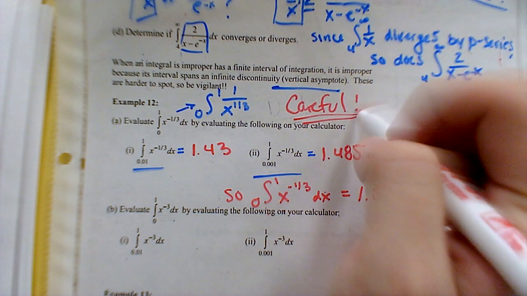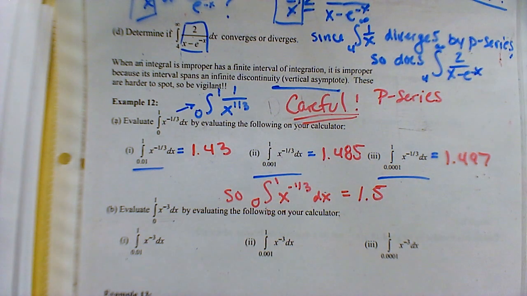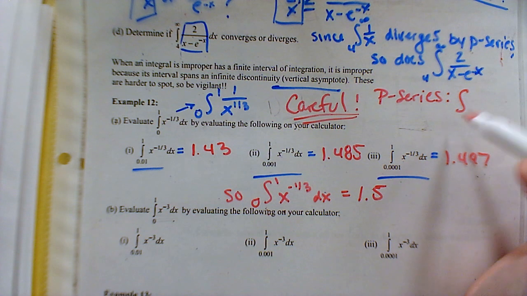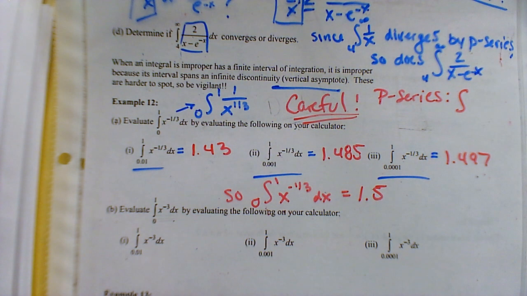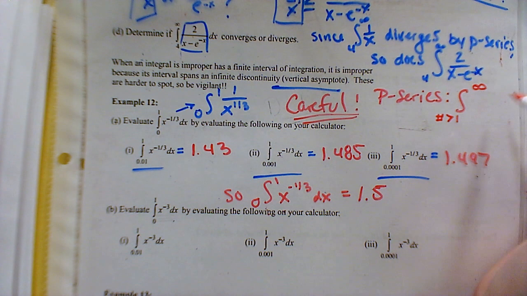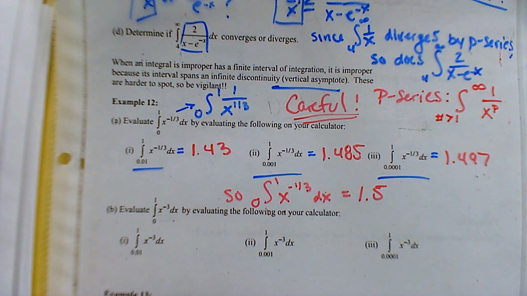So we got to be careful. For p-series, the bounds are important. The bounds have to be some number bigger than 1, so we'll say a number bigger than 1 to infinity of 1 over x to a power.